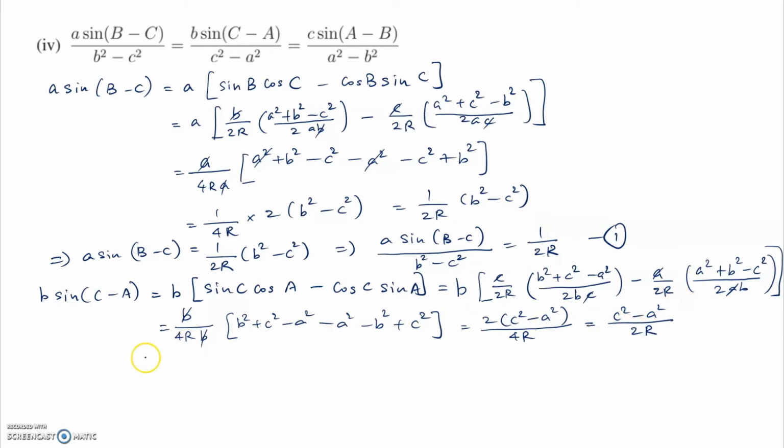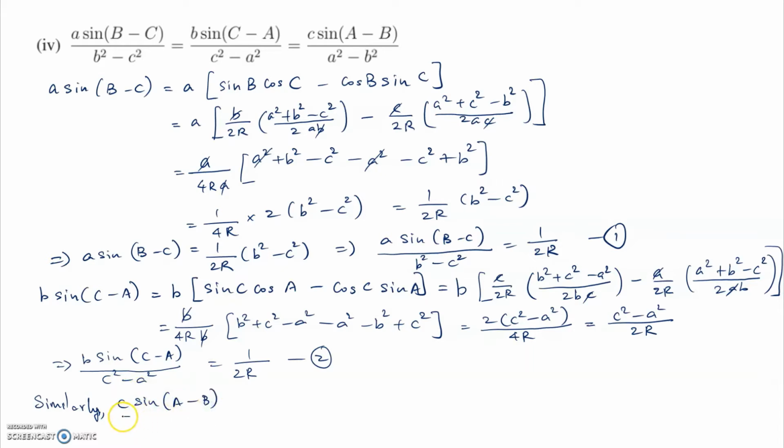So further, this would mean that b sine c minus a divided by c squared minus a squared is equal to 1 by 2r, and which is 2. Similarly, we can prove that c sine a minus b divided by a squared minus b squared is equal to 1 by 2r.